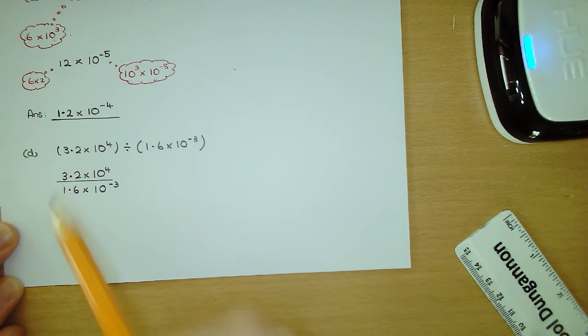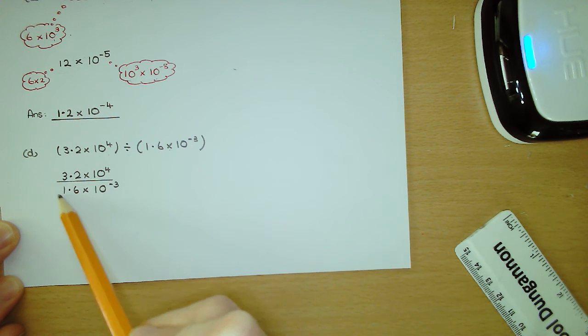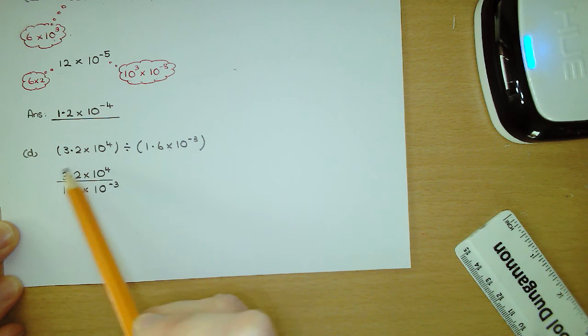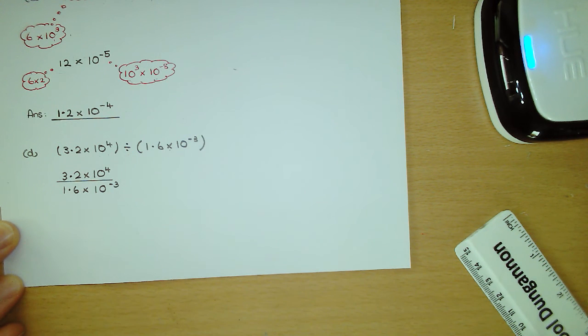Okay, the first thing we're going to do is divide the two numbers that come before the indices. So we're going to divide 3.2 by 1.6.